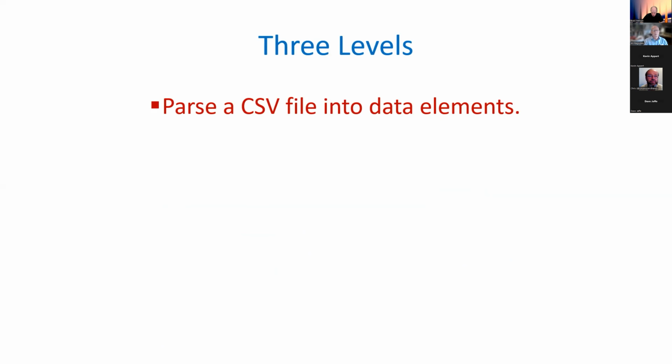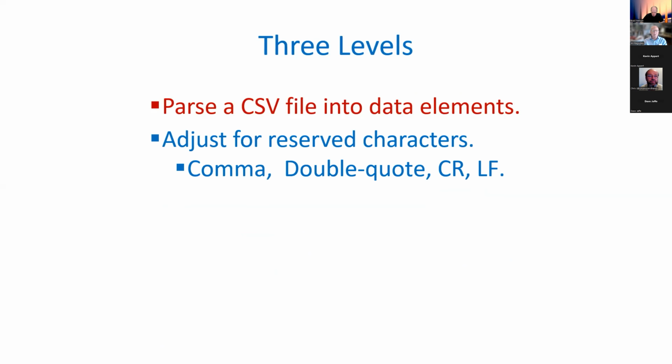I assume we're all familiar with CSV files, comma separated values, very common for transfer between databases and spreadsheets and so on. So the goal here is to parse out the actual elements. We'll see what their structure is like. We have to adjust for some reserved characters, which are comma, double quote, and return and line feed.